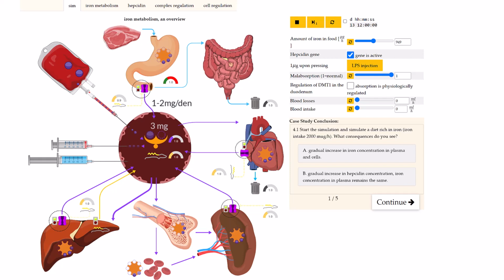Iron is contained in every cell as a part of the enzymes. About half a gram is included in myoglobin.